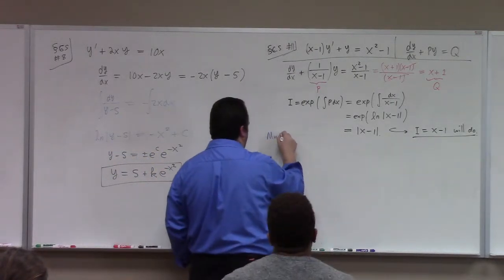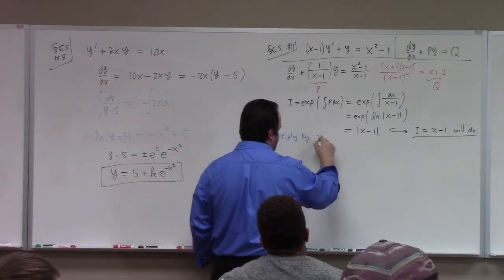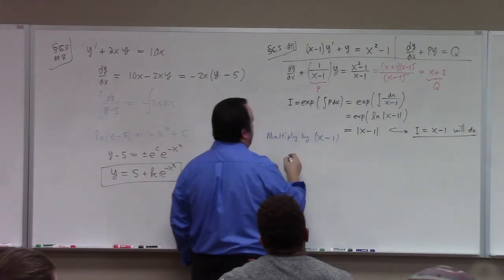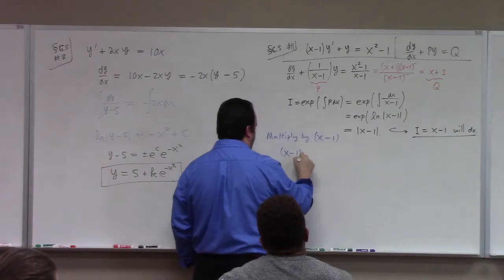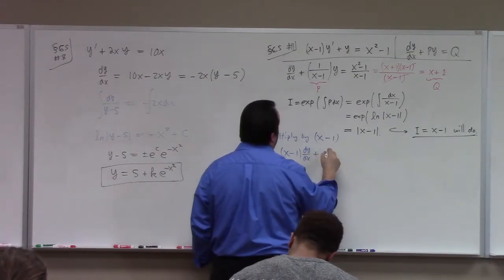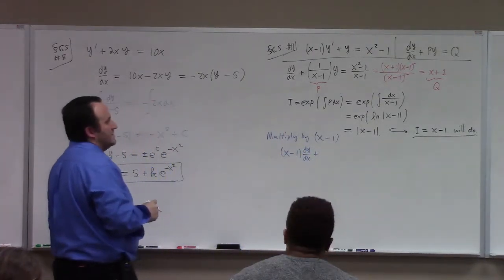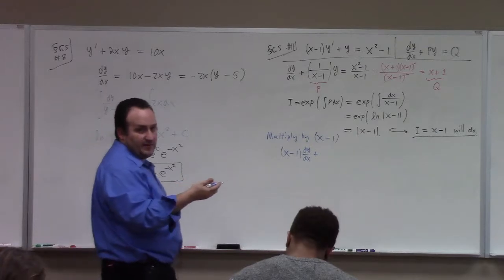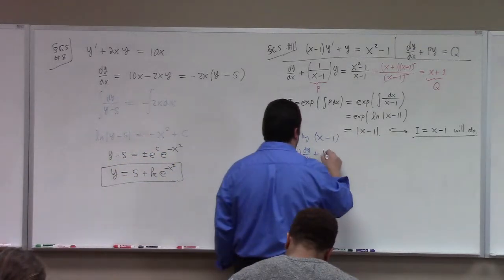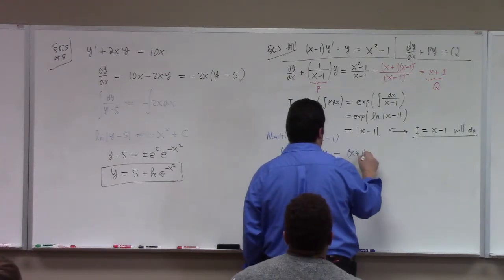Multiply by x minus 1. What's that give us? That gives us x minus 1 dy dx, right? Plus what? Plus y, right? Equals x plus 1 times x minus 1.